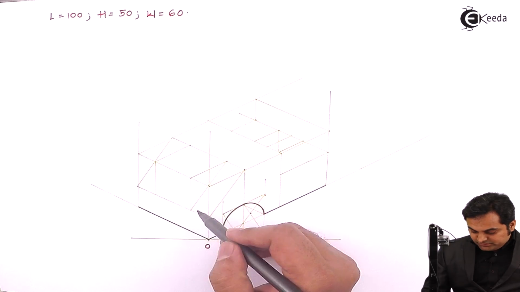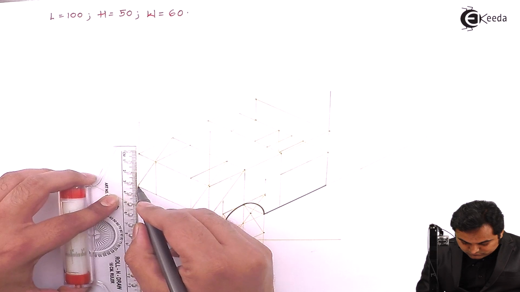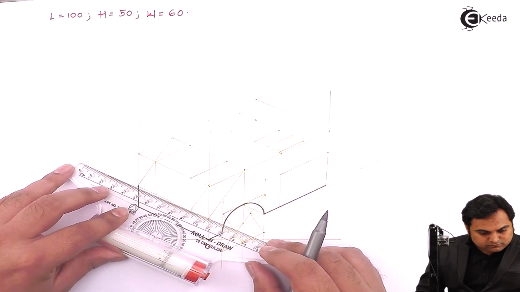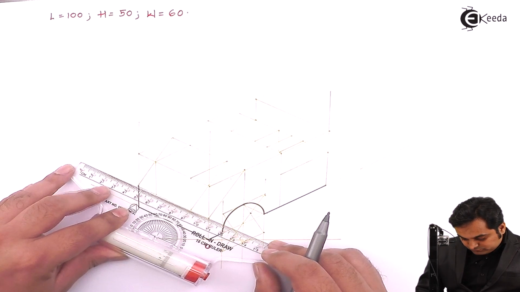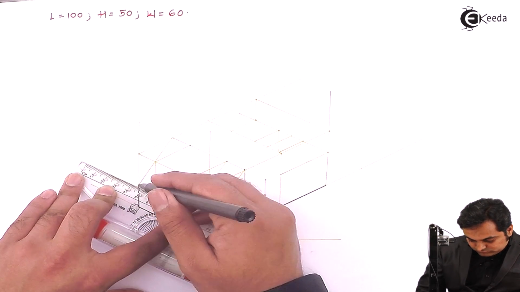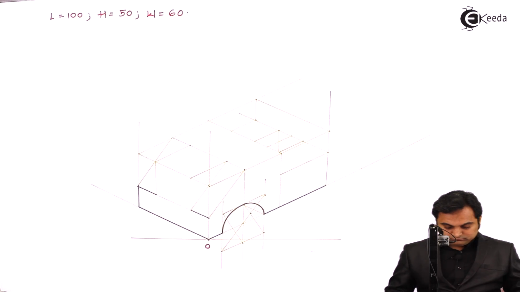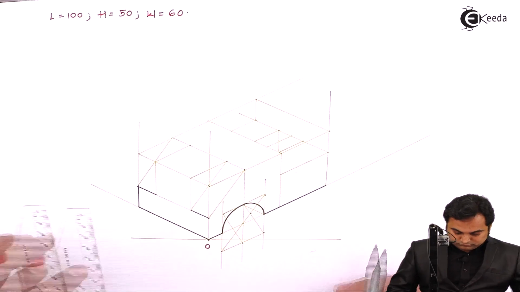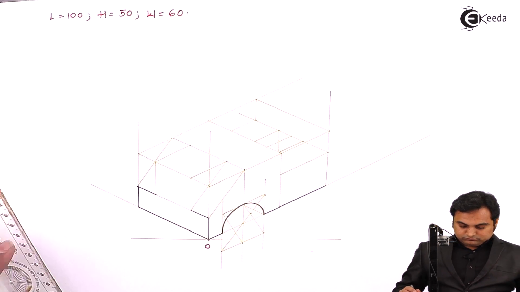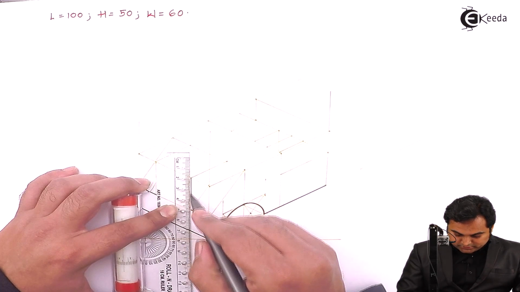Next, here this parallel surface, again a dark line.